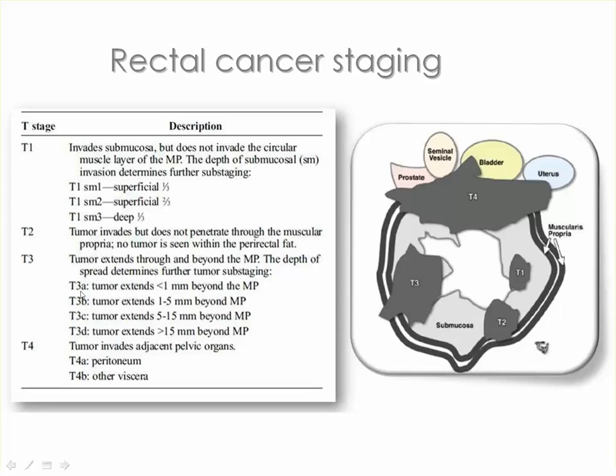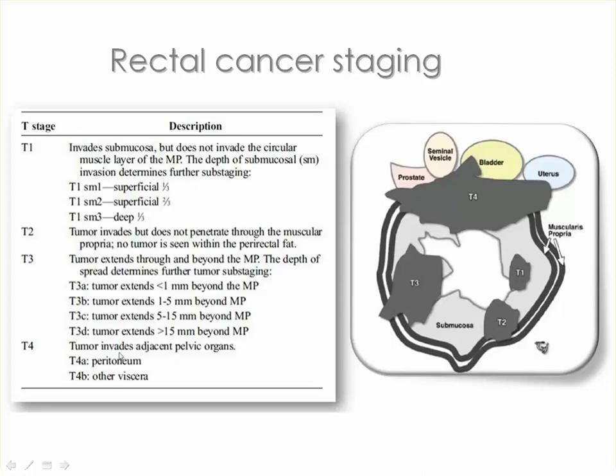Stage 3A, tumor extends less than 1 millimeter beyond the muscularis propria. B, tumor extends from 1 to 5 millimeter beyond the muscularis propria. C, the tumor extends from 5 to 15 millimeter. D, the tumor extends more than 15 millimeter beyond the muscularis propria.